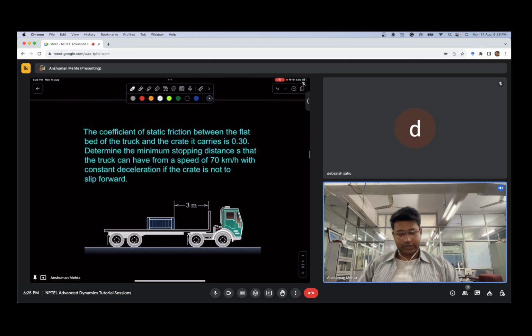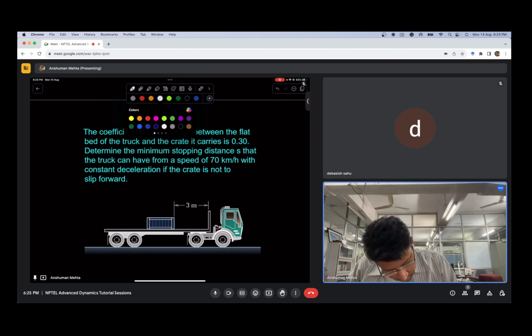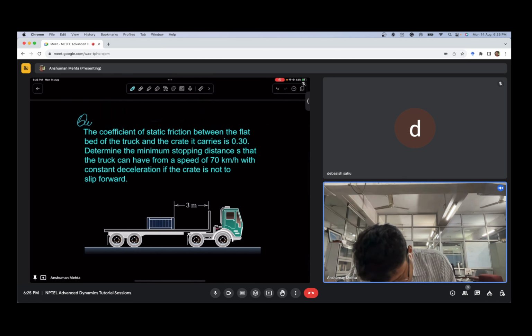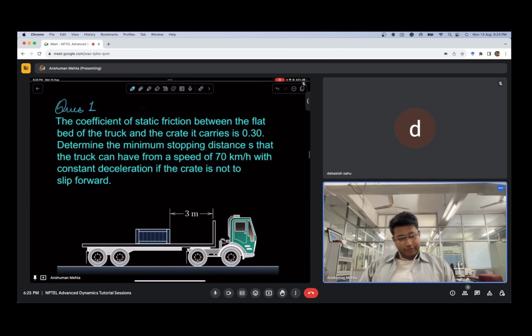Now we have questions coming up. This is question 1, where the coefficient of static friction between the flat bed of the truck and the crate it carries is 0.3.